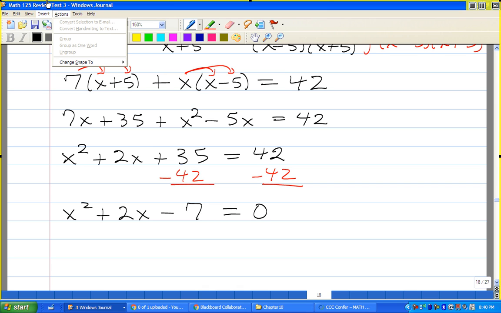And so let me use the quadratic formula.